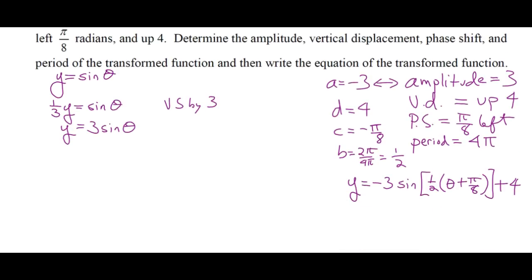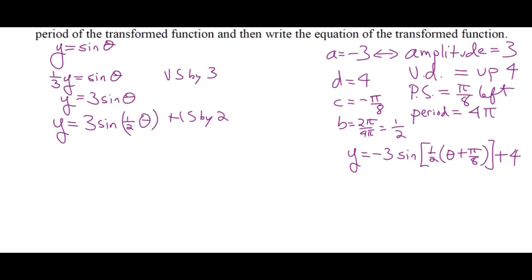Horizontally stretched by a factor of 2 about the y-axis. So what's that going to be? It's going to be 3 sine 1/2 theta, right? Because that's the horizontal stretch by 2. Okay, probably throw that in brackets. Okay, what's next? Reflected in the theta axis.